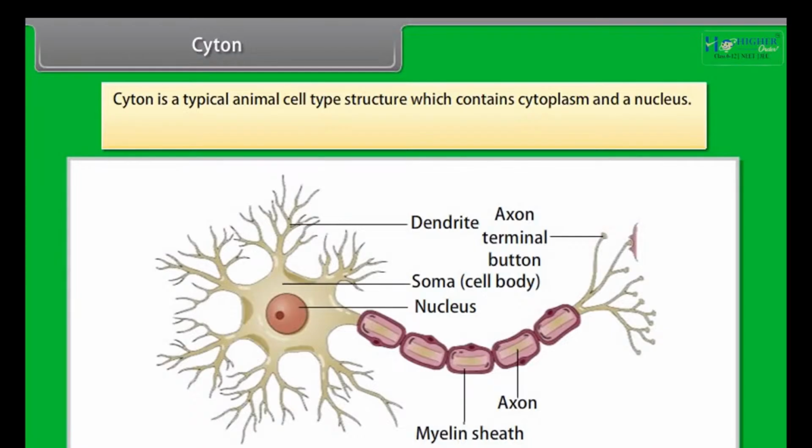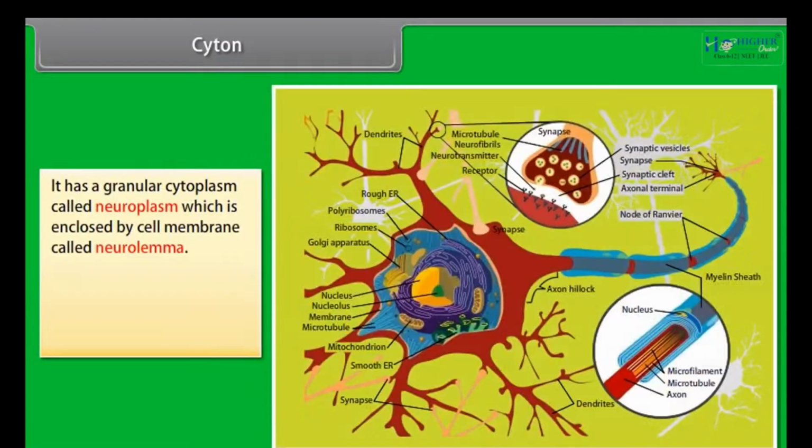Cyton. Cyton is a typical animal cell type structure which contains cytoplasm and a nucleus. It is spherical in shape and about 4 to 135 μm. It has a granular cytoplasm called neuroplasm which is enclosed by a cell membrane called neurolemma.